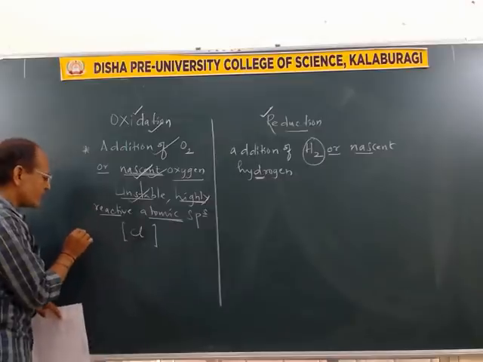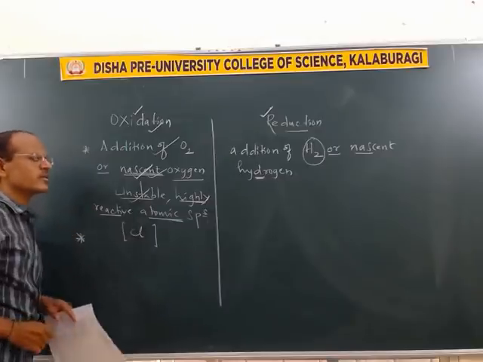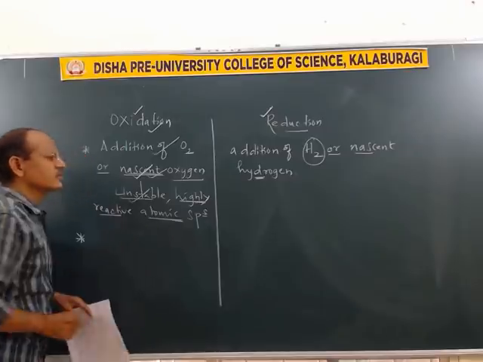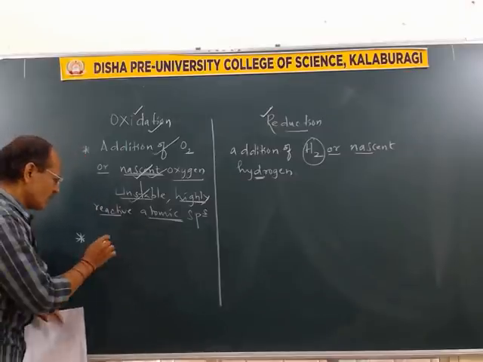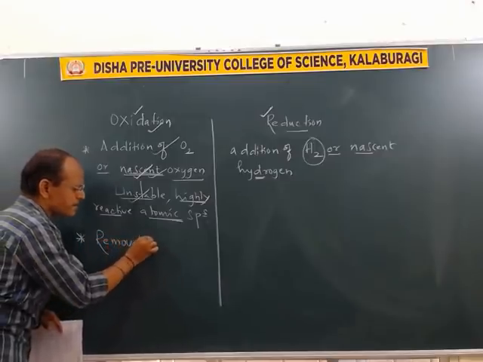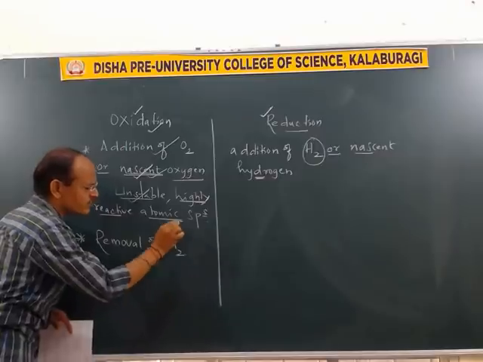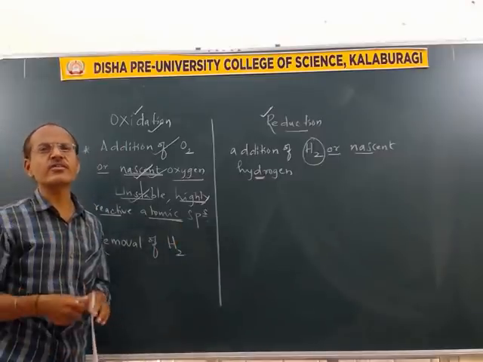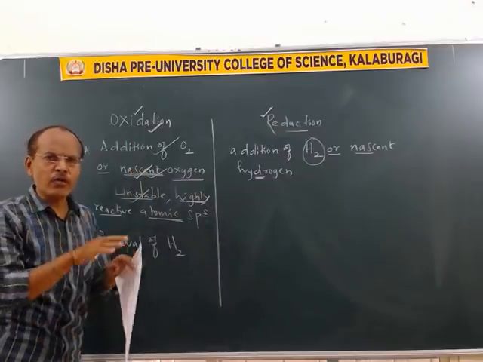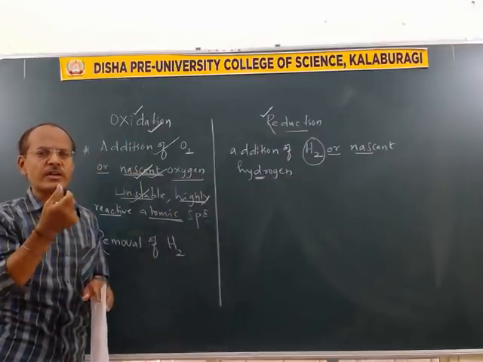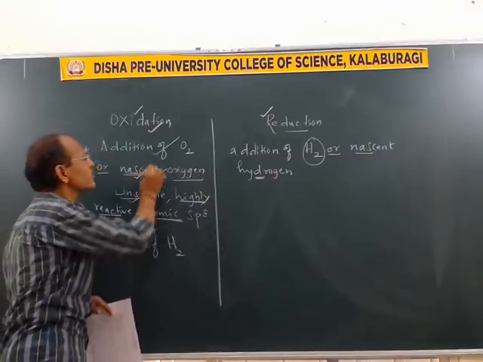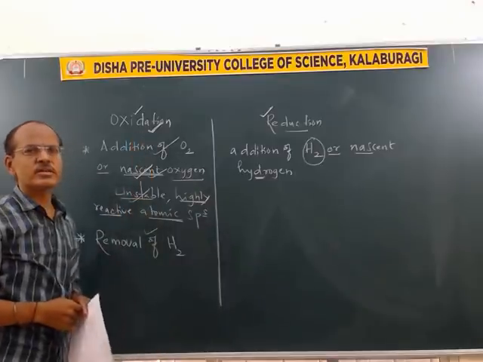The second definition is this. Removal of hydrogen from the reactant is also considered as oxidation. If we are removing hydrogen from the reacting species or reacting molecules, then it is nothing but oxidation.